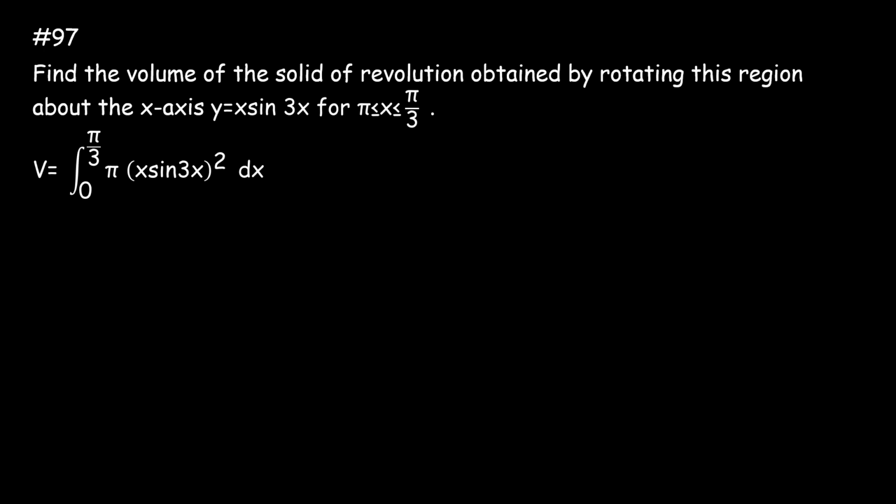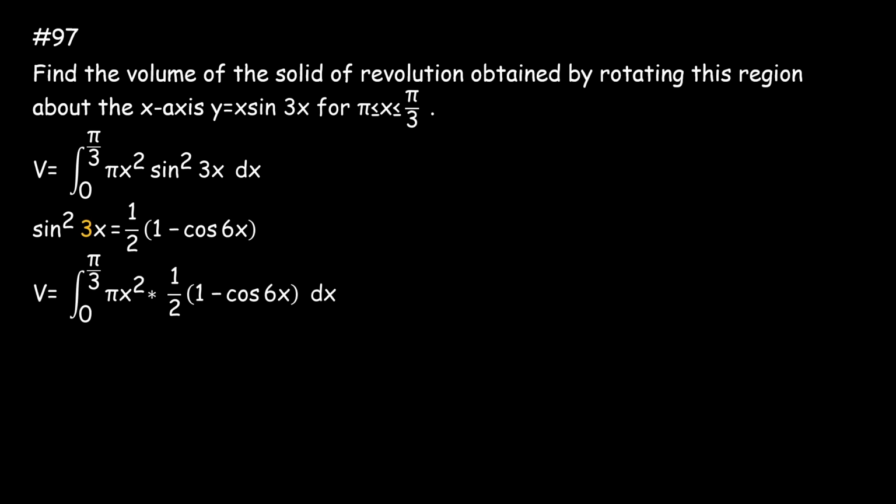Good. So if we expand the brackets, this is going to give us the integral of pi x squared sine squared 3x. Now, sine squared x is equal to half into 1 minus cos 2x. So what would be 3? We use the same tactic that we did before by multiplying this by 3, which would be half into 1 minus cos 6x.